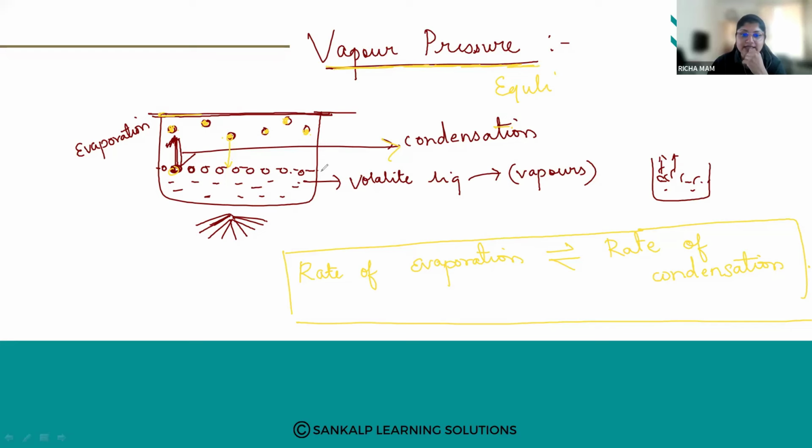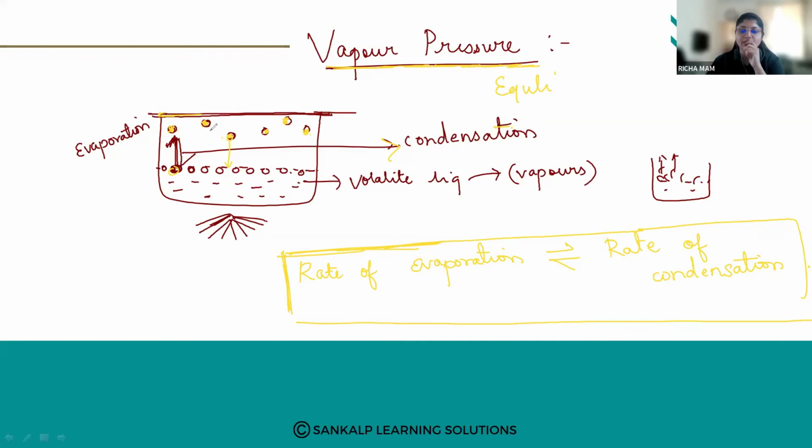When this equilibrium is reached, the pressure exerted by the vapors on the liquid is called the vapor pressure. Is it clear what vapor pressure is? Okay, fine.